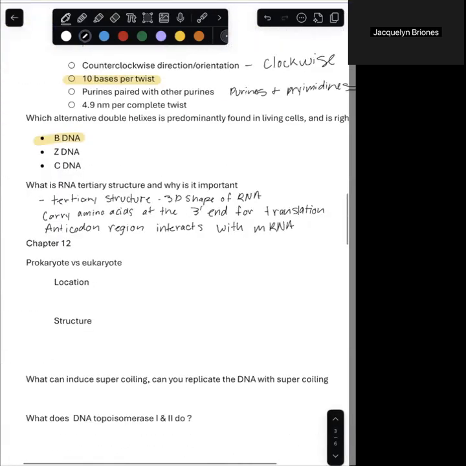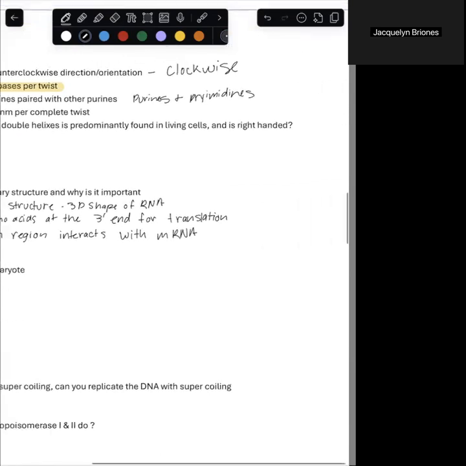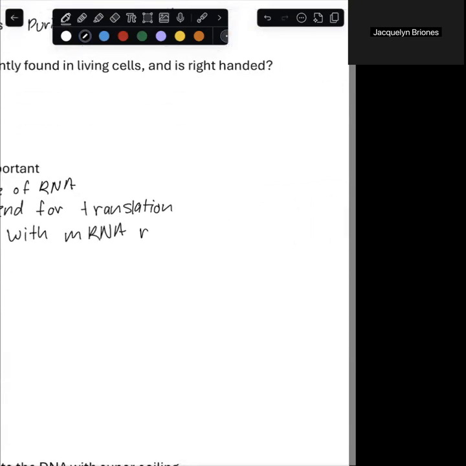So the second reason is the anticodon region interacts with the mRNA and it must be exposed for it to happen.